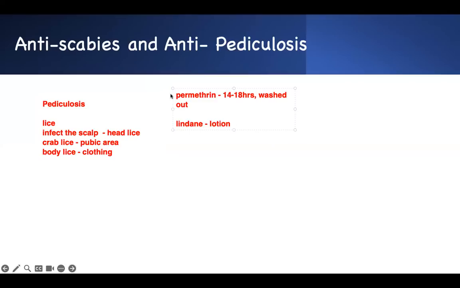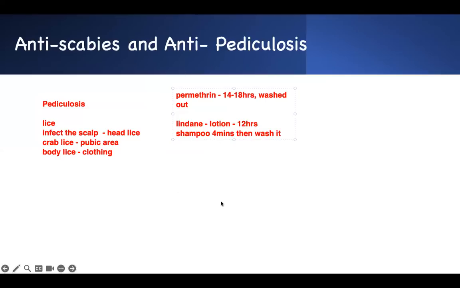If you use the lotion, usually 12 hours is good. Keep it on for 12 hours, then wash it out. If it's a shampoo, only 4 minutes, then wash it out. So Lindane lotion is 12 hours, then you wash it out. If it's a shampoo, just 4 minutes, then you stop.